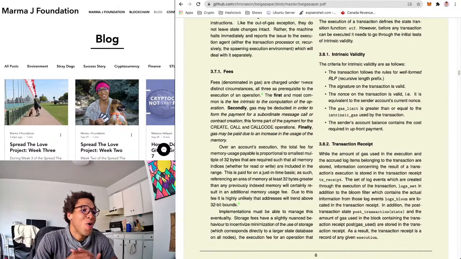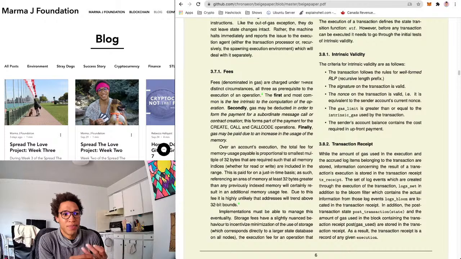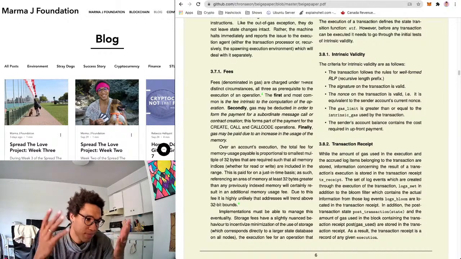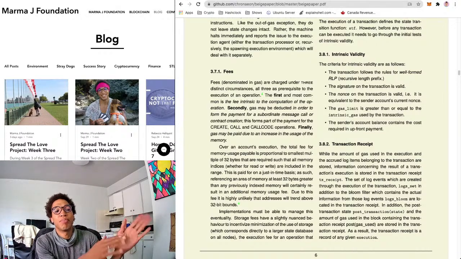Not sure. Over an account's execution, total fee for memory usage payable is proportional to the smallest multiple of 32 bytes that are required, such that all memory indices, whether from read or write, are included in the range. So I guess that's just, you need to make sure you're paying enough to store everything in your contract in 32 byte multiples.